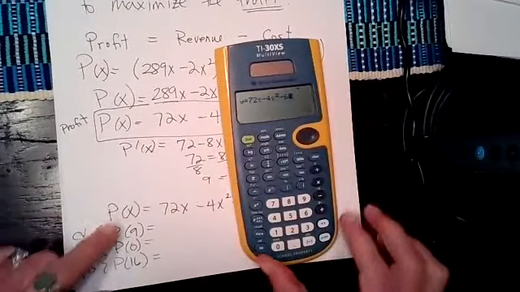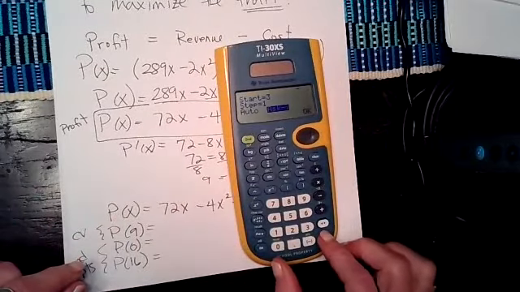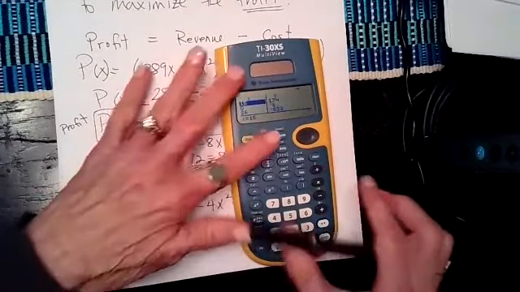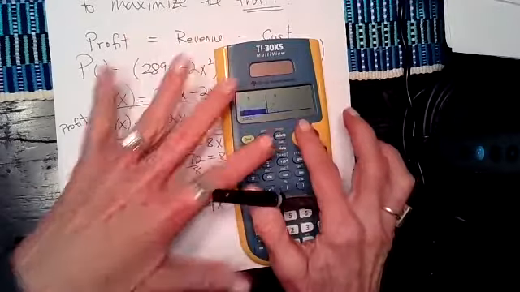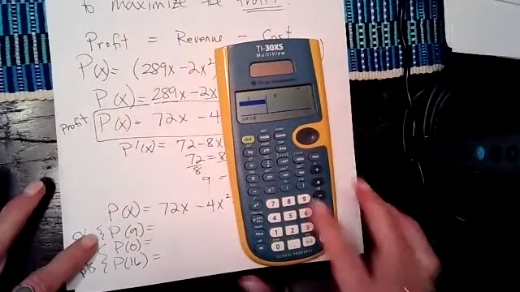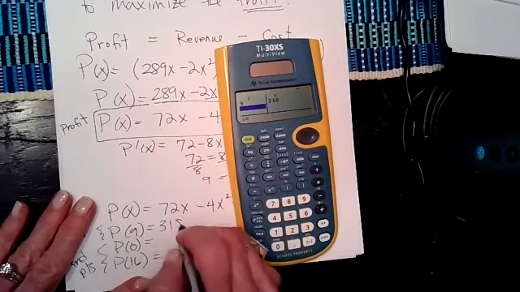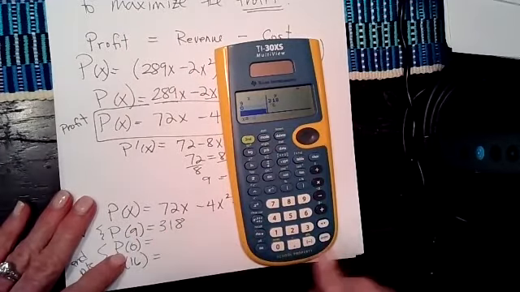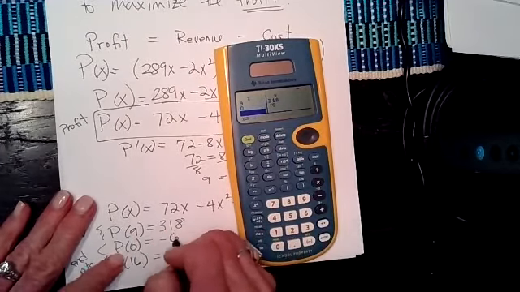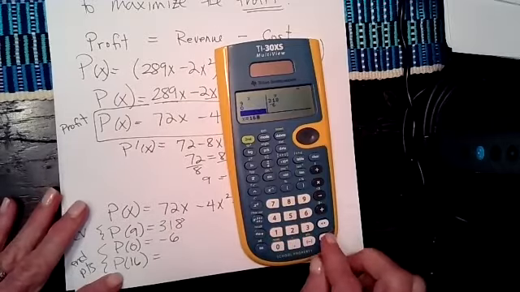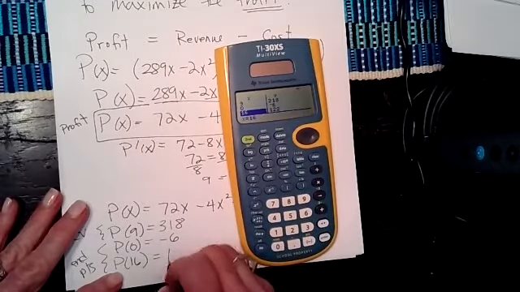And I'm going to push enter, and delete, so I can have a clean table. 9, enter, and I get 318. 0, enter, and I get negative 6. 16, enter, and I get 122.